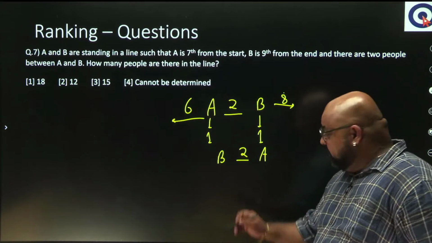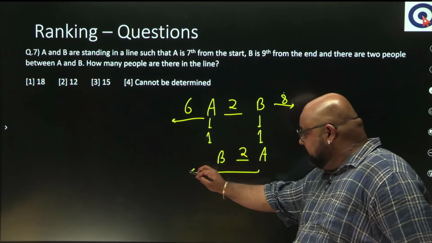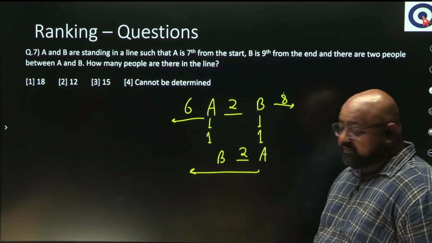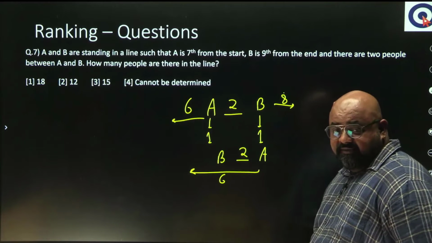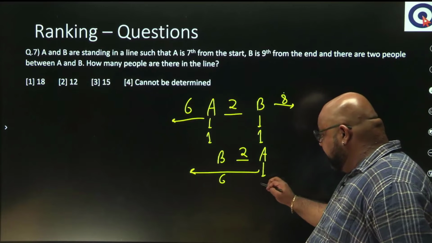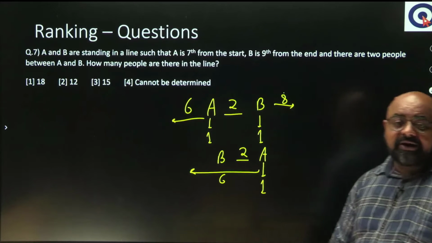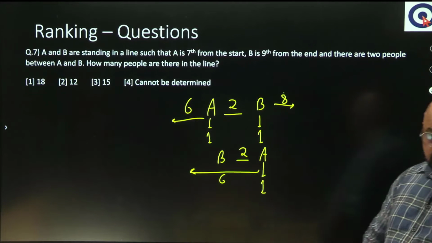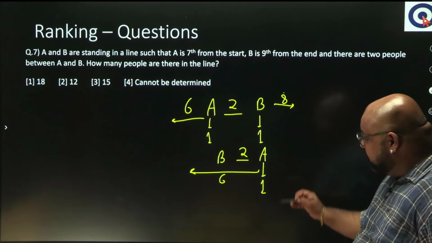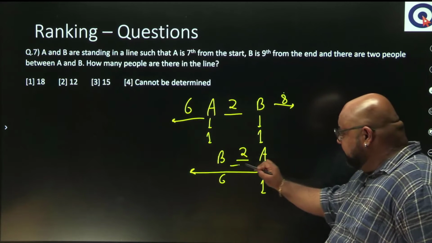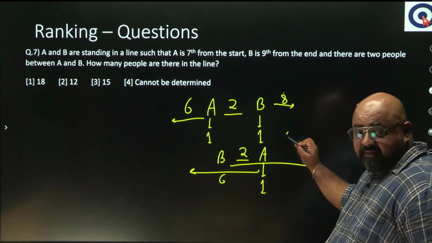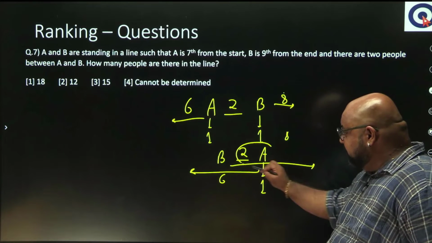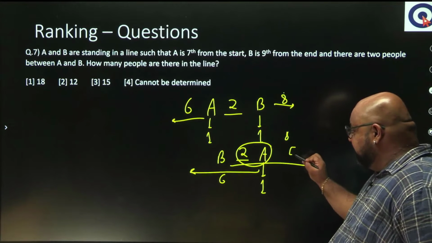B is in front. Now how many people are there in front of A? Because A is 7th from the front, there will be 6 people in front of A. Then comes A. How many people will be there after A? I do not know that, but what I know is that there are 8 people who stand after B, out of which these are 3. 8 minus 3 is 5.